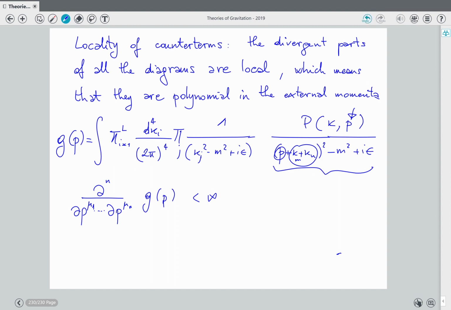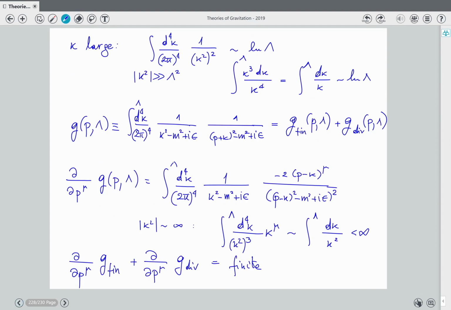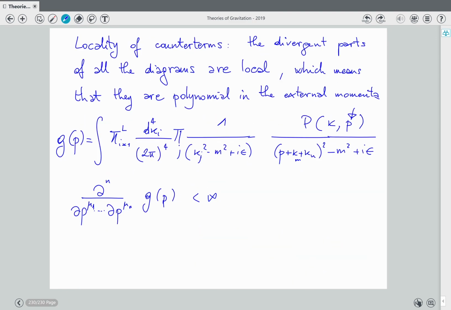And we have seen it already. If you differentiate a propagator with respect to p, the external momentum, you get something that falls off more rapidly at infinity. One derivative after another, you can obtain an integral that falls off as rapidly as you want.